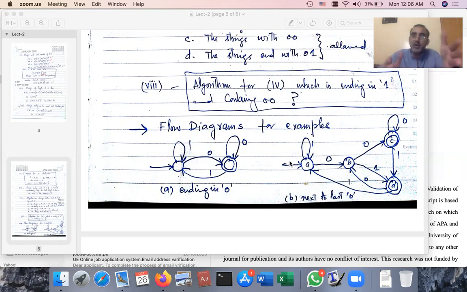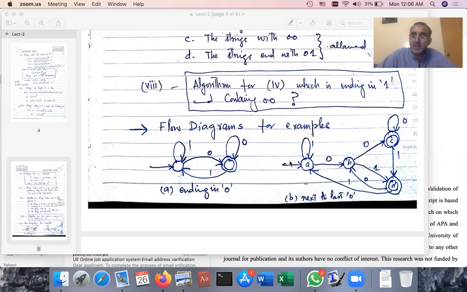If your practice is higher, then you will be an expert at writing a regular expression for any regular language that I give you, and you will write it speedily. It is only possible when you spend sufficient time practicing these things.